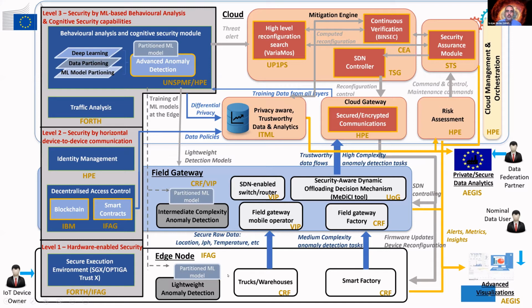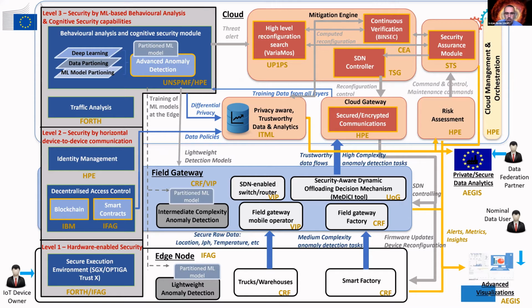Later we will describe what's going on. There are lightweight autoencoders, neural networks running on those devices and doing lightweight anomaly detection. If they detect an anomaly, they attach a confidence score to it and send it upwards through various channels. You will hear details about that a bit later also.